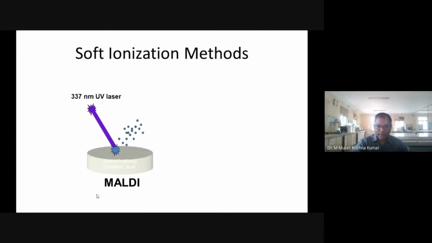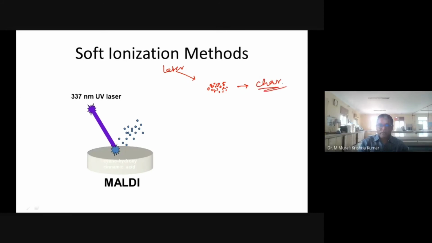In MALDI, the logic is very simple. Let's say you have a molecule here, and if you apply a laser to it, what will happen? It may char.